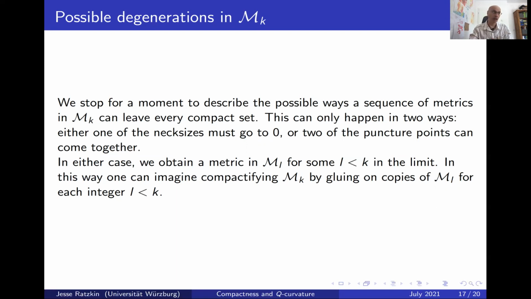This means that one can imagine trying to compactify the moduli space MK by gluing on copies of ML for each integer L less than K. And this gluing procedure is actually very topologically complicated, because for each L less than K, I can imagine obtaining copies of that moduli space in many different ways, because I could have punctures coming together in many different ways, or different sequences of neck sizes going to 0.